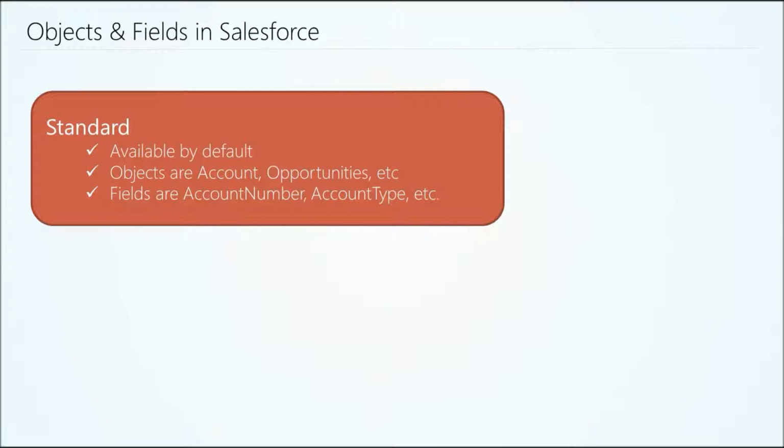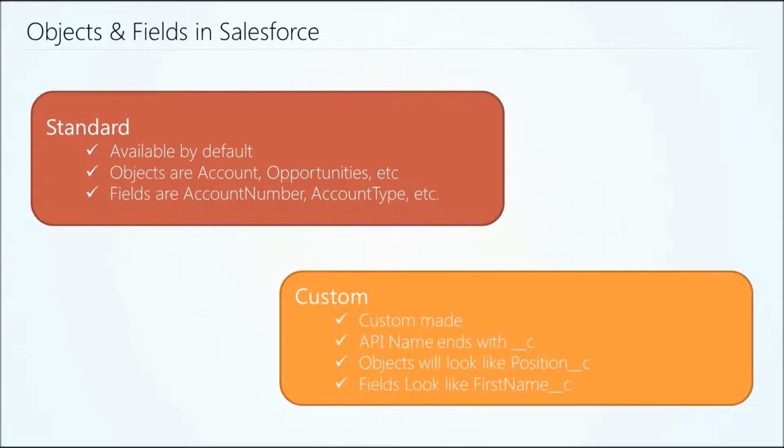Now you will ask a question: can we add custom type objects? Yes, it is possible. You can create custom objects and fields, which is the second type, and also you can add custom fields on standard objects. The custom fields are fields which are created by ourselves. We can create our own objects and our own fields in those custom objects.